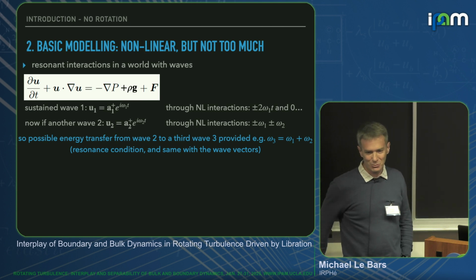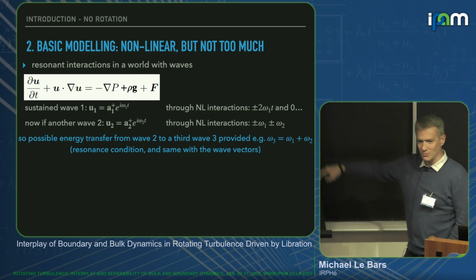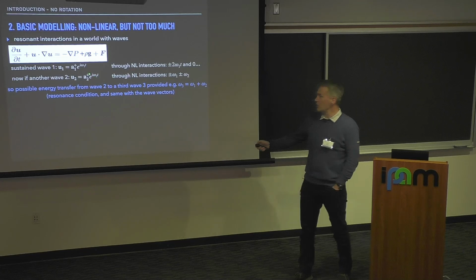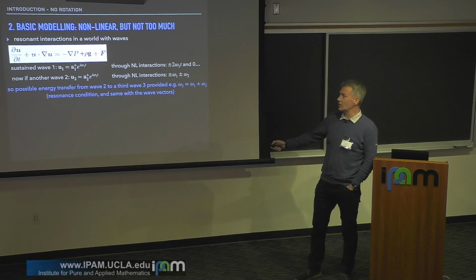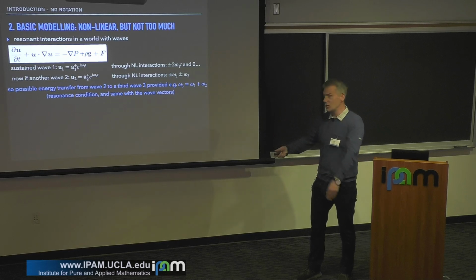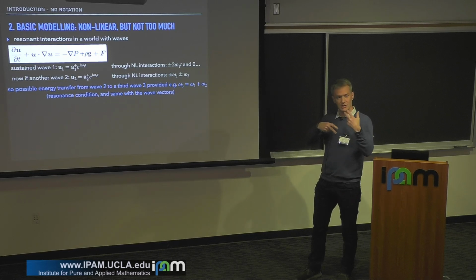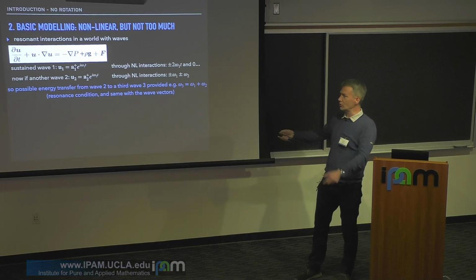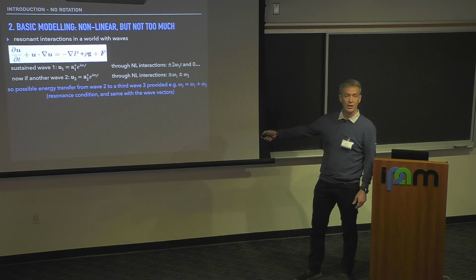I won't be talking about mean flow today, but that's something that is also driven by libration. Now, if you introduce a second wave, the nonlinear term between the first one and the second one might give energy to a third one. So you might start building resonant triadic wave interactions through this nonlinear term here.